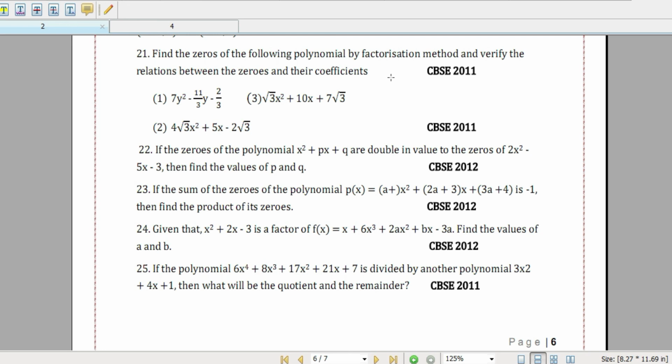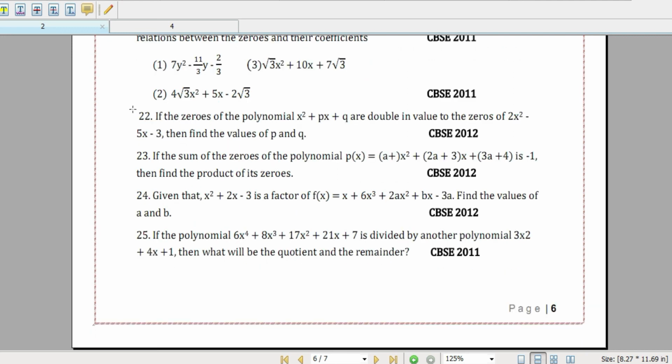You have to just verify it, show that it is equal to minus b by a and it is equal to c by a. That's it. First you need to find the zeros using the factorization method. After finding zeros, show the results, that is, sum is minus b by a, product is c by a, and show that it is equal as per the given polynomial.